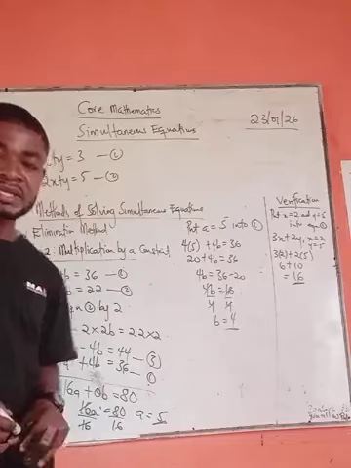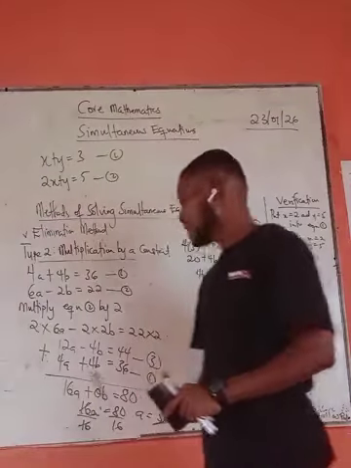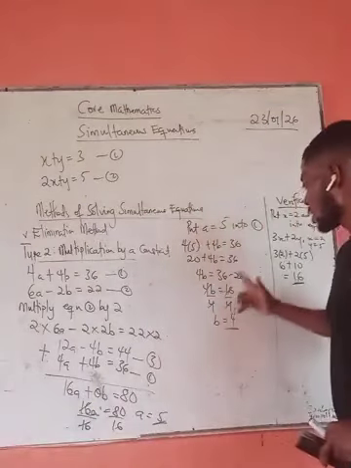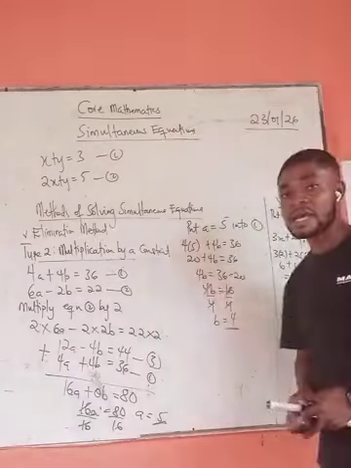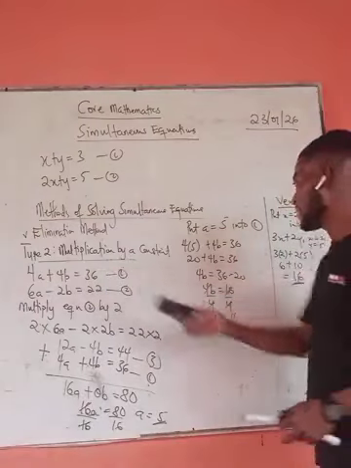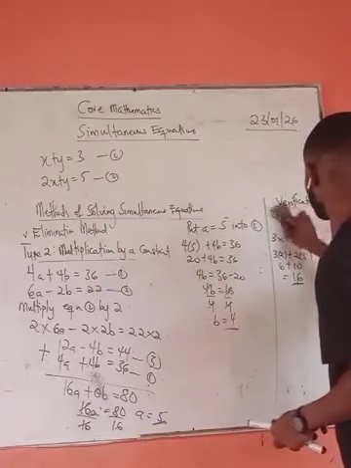Now let's work something and see if we get an answer. Let's put a is equal to 5 and then b is equal to 4 into equation 1 and see if we get the same 36 over here. So verification.